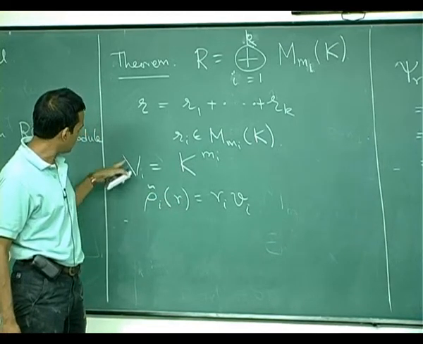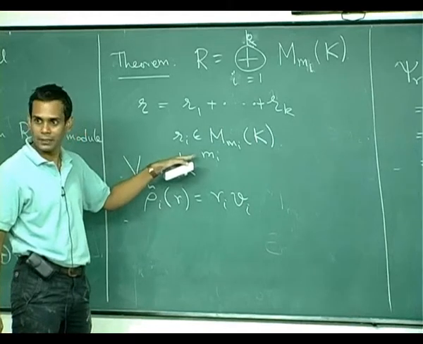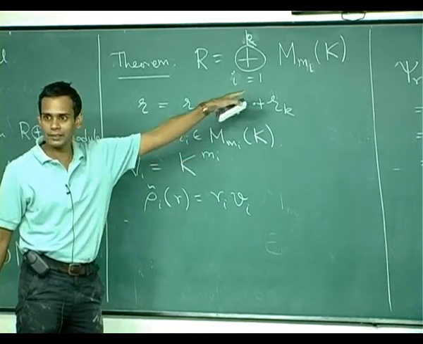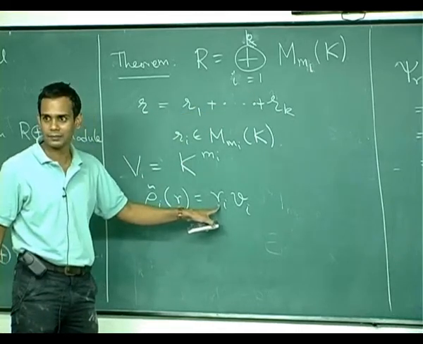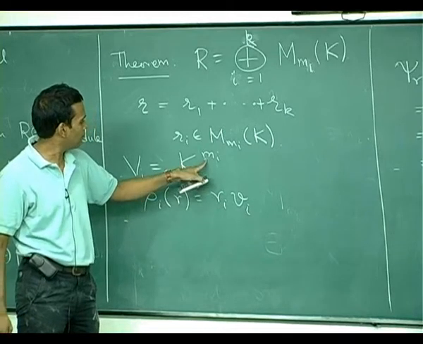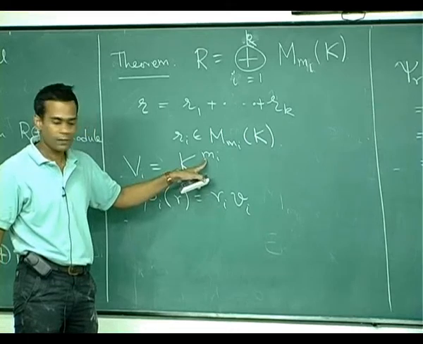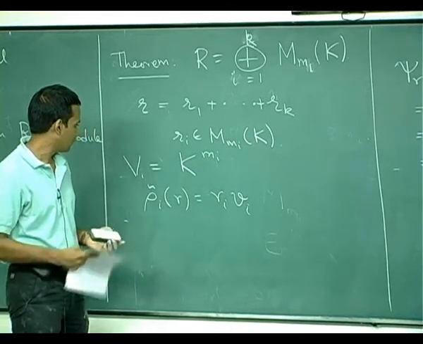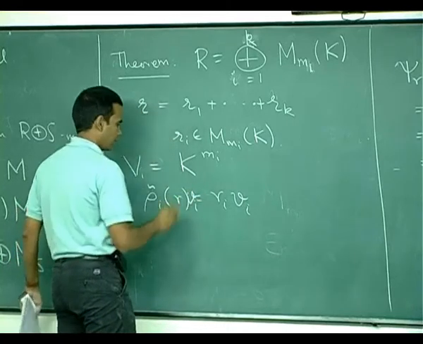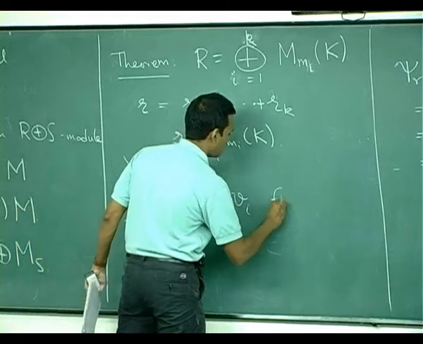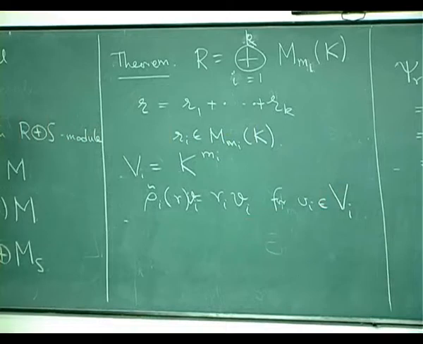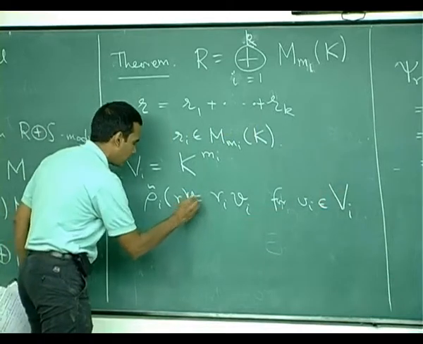The space is V_i, which is just k to the power m_i, and the action is this: r, which has a decomposition like this, will act by the ith summand. So the action of r on v is r_i v for all v in V_i. That's the definition.